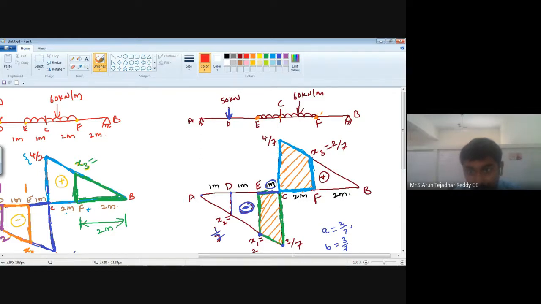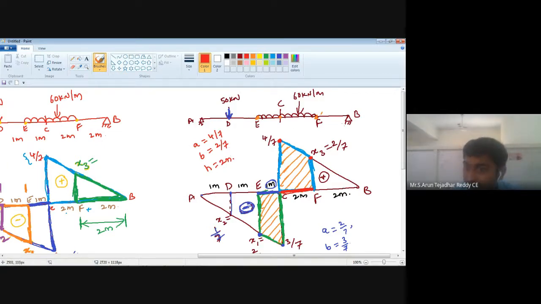In this sky blue color, what about A, B and H? Here A is 4 by 7, here B is 2 by 7, and H is this distance, this red color distance, that is 2 meter. So A is 4 by 7, B is 2 by 7, H is 2 meter.